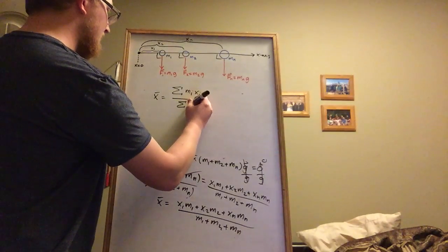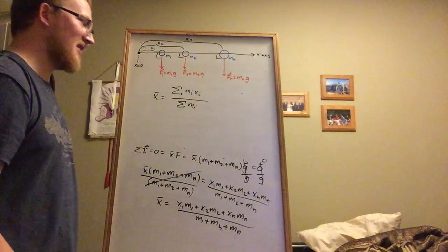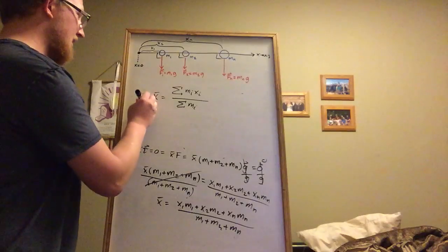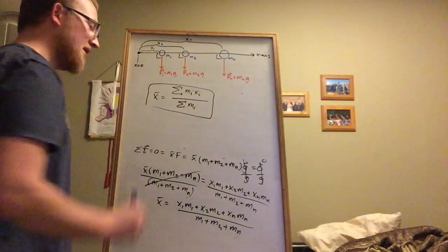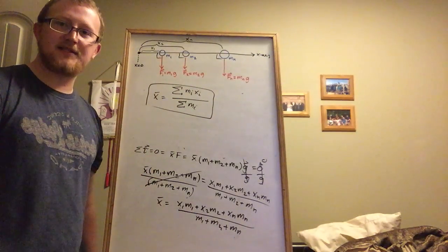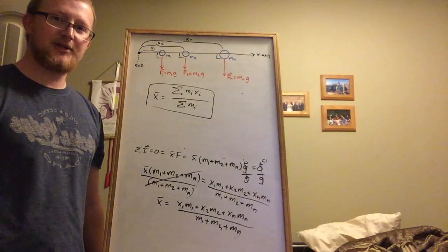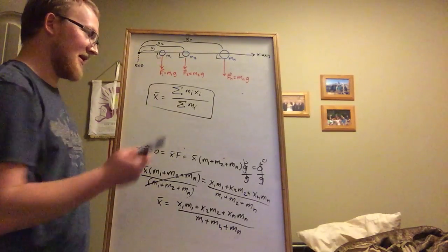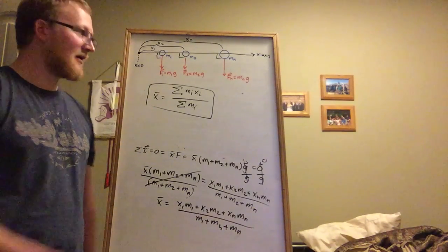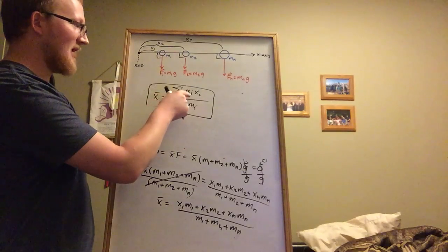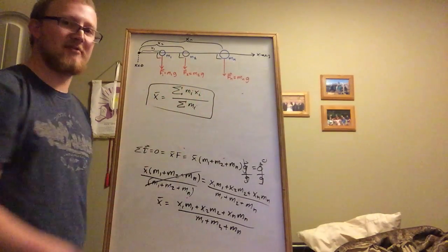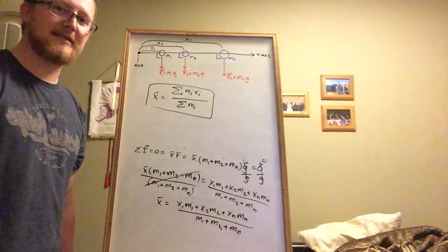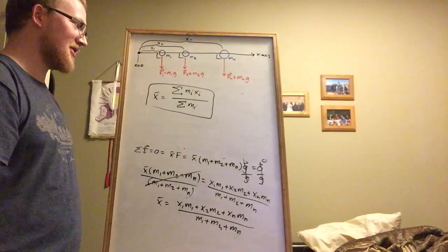And so we're dividing by the sum of mi. And so this right here is your equation for the center of mass of a particle system in 1 dimension. This can be extrapolated to y bar. It'll just be the sum of mi yi divided by the sum of mi, and so on for any axis that you choose that's Cartesian.